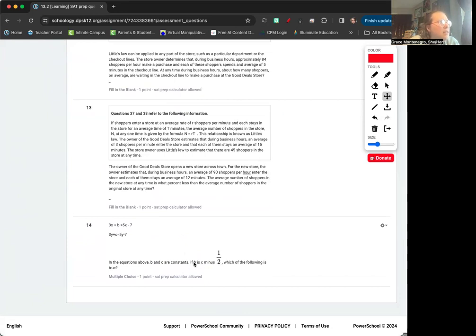If b is c minus 1/2, as it says here, you need to translate that immediately. B equals C minus, and let's just do 0.5 since I'm typing. That is our secret. We now can plug that in here for B, and that should be enough to let us solve it, I think. Anyway, again, I'll show you that in my longer video.